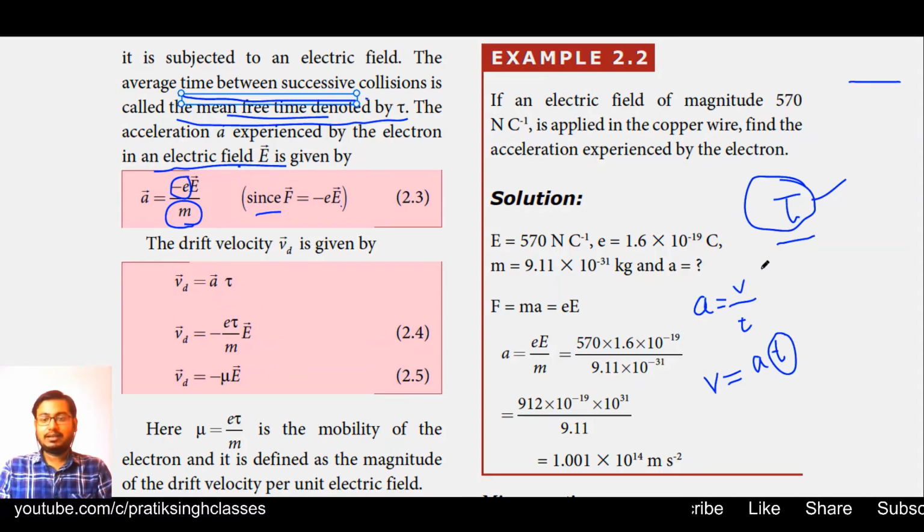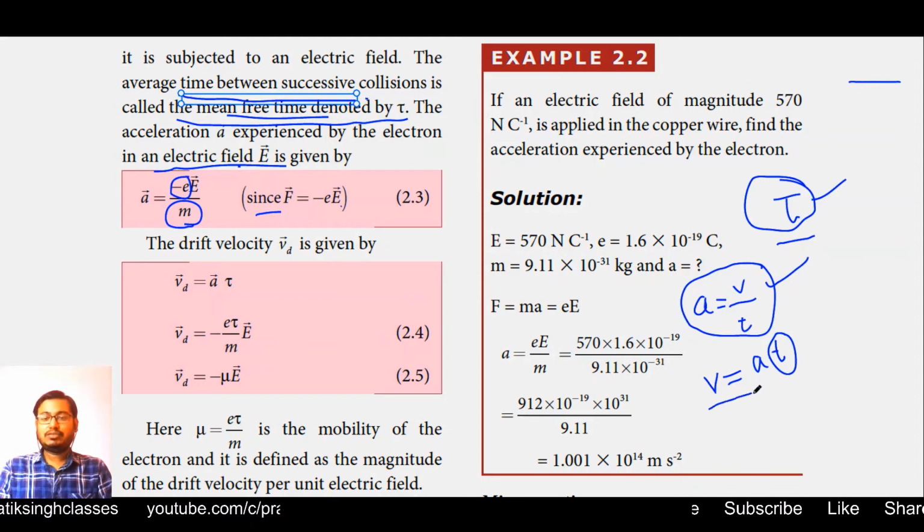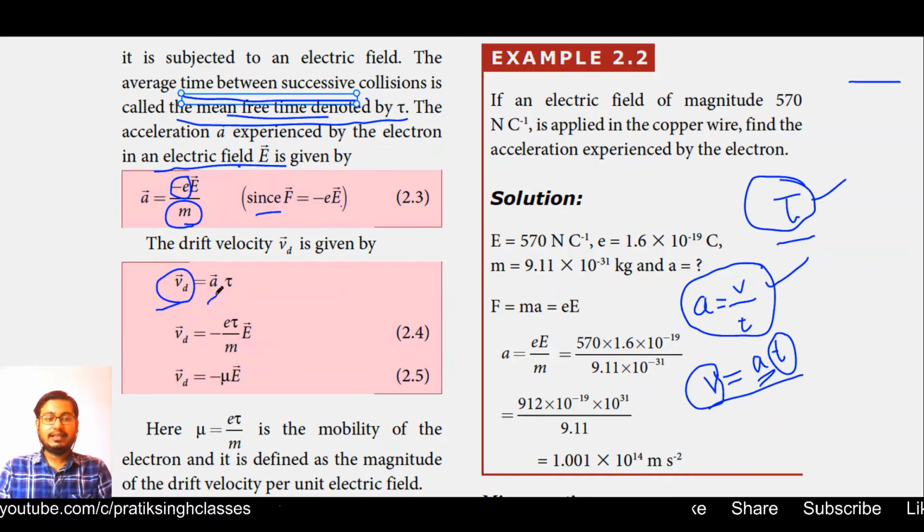We know from our 11th standard and 9th and 10th physics that acceleration is velocity by time, so velocity is equal to acceleration into time. Here velocity is the drift velocity, acceleration is given here, and this time t is the mean free time, tau, as given here. So drift velocity can be written by substituting the values: vd = -eτ/m · E, or vd = -μE.